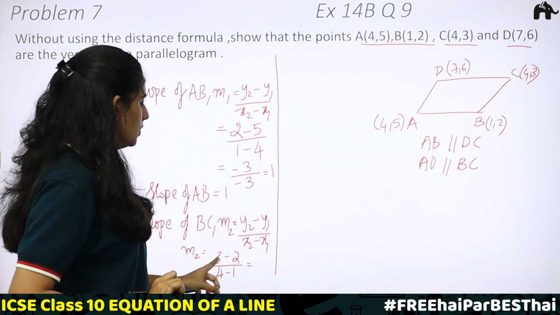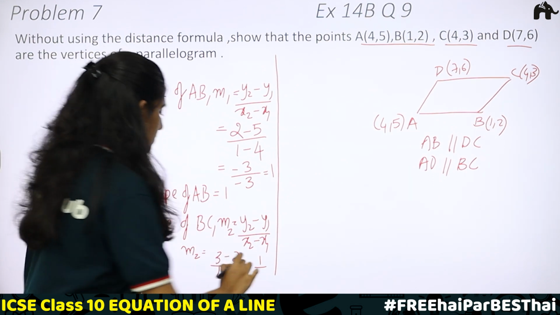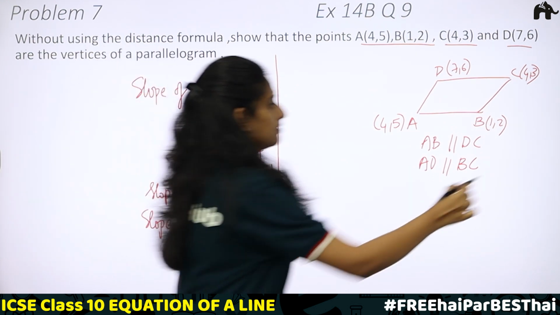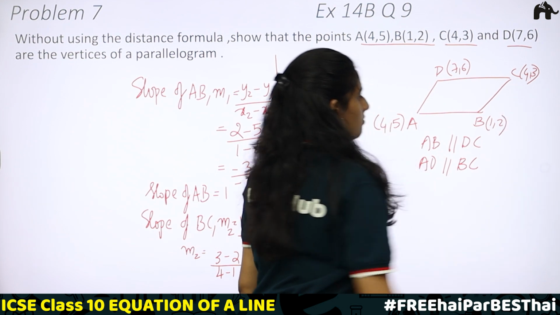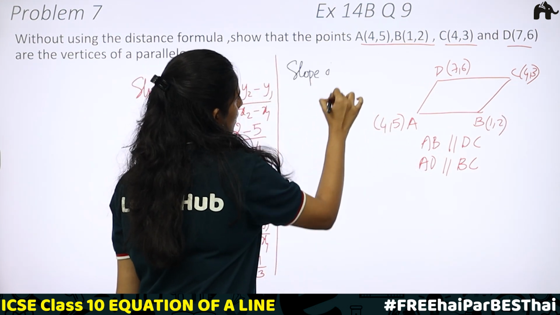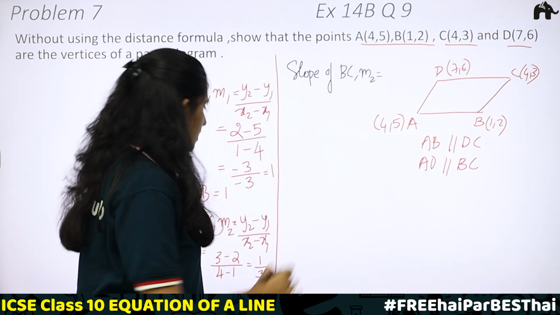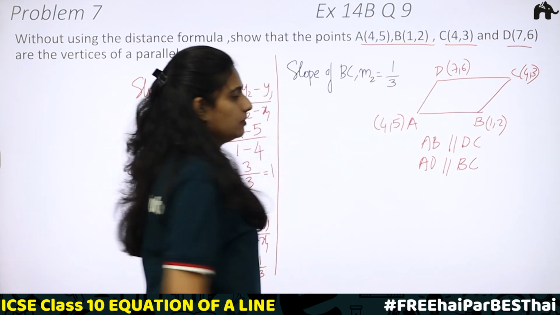That is equal to 3 minus 2 is 1 and 4 minus 1 is 3. We get slope of BC, M2, equal to 1 divided by 3.